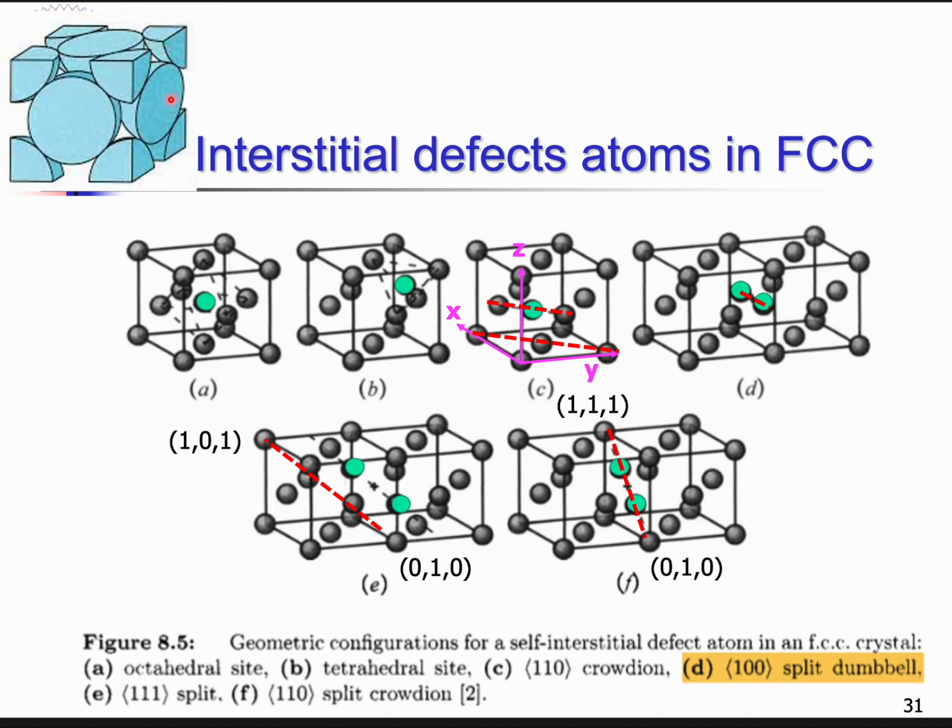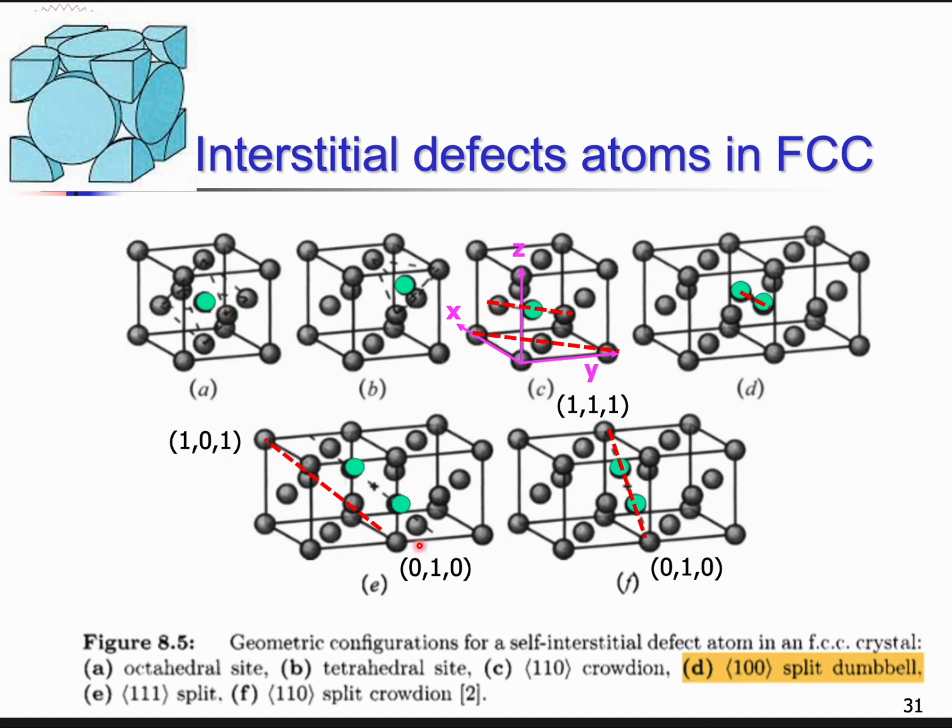If you try to insert, for example, if we don't have this atom, and we try to insert 2 atoms to share this lattice point, the size will be the same as the host atom. So you can expect this kind of self-interstitial defect will cause very high lattice distortion. That will make the energy barrier higher, and for sure the formation energy is higher as well.